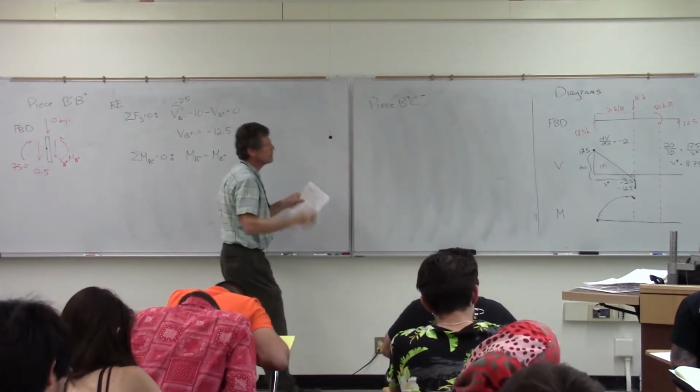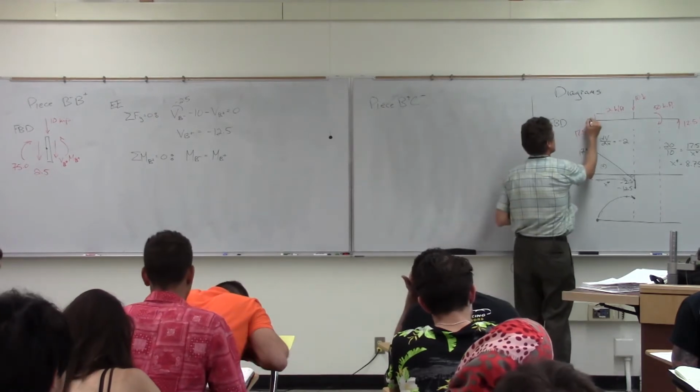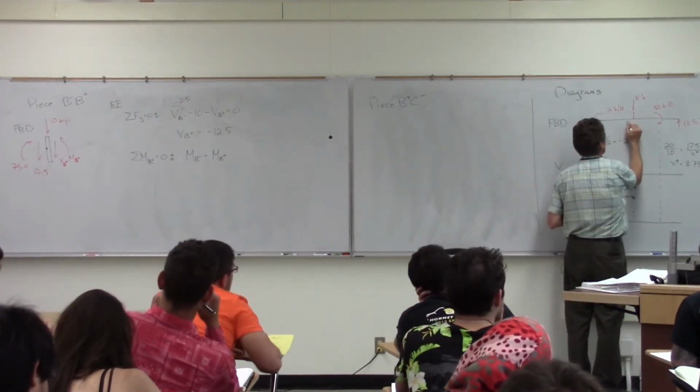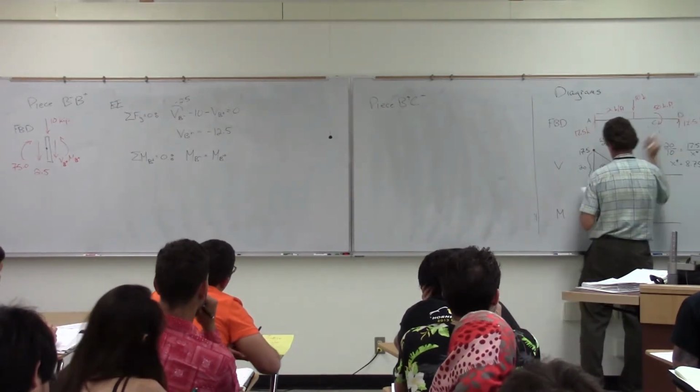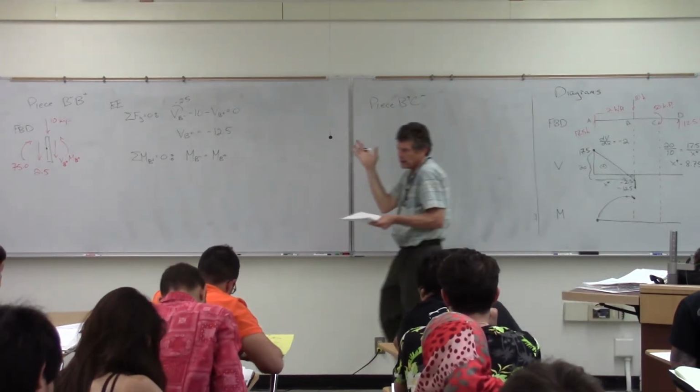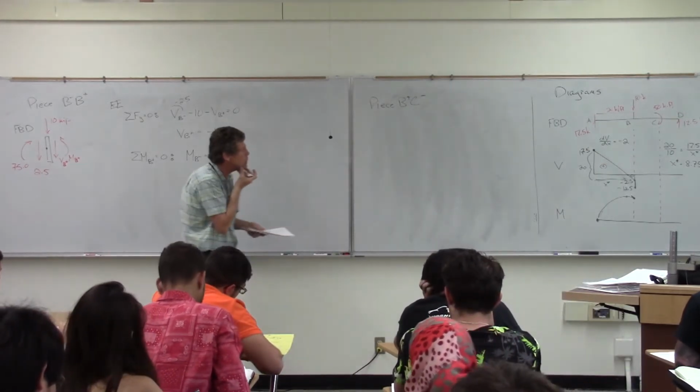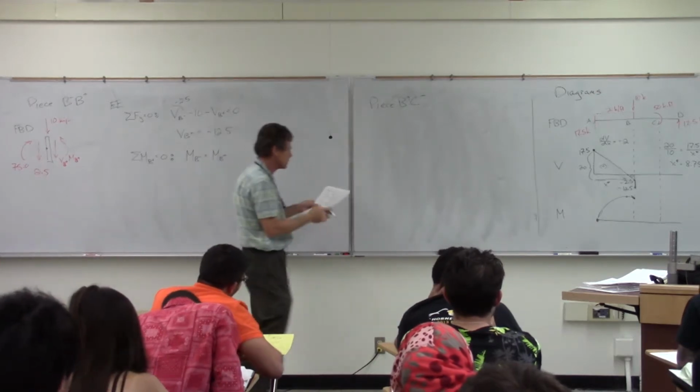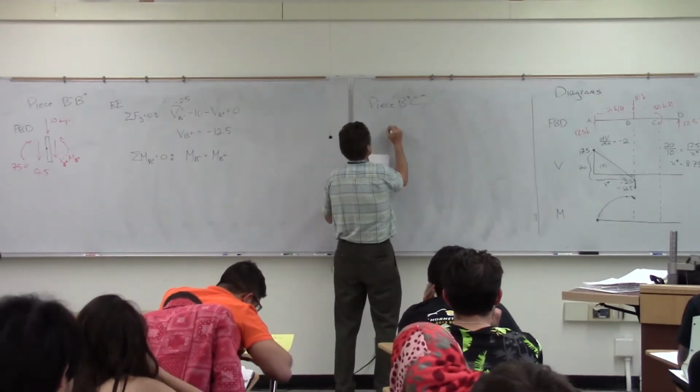OK, so now we'll continue our march across here. So that's A, B, C, and D. And we're going to, again, cut short of that concentrated twist there because the moment diagram doesn't particularly like that.